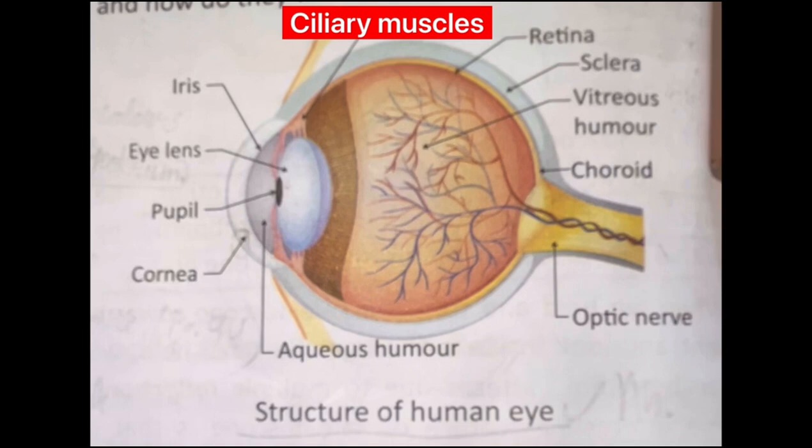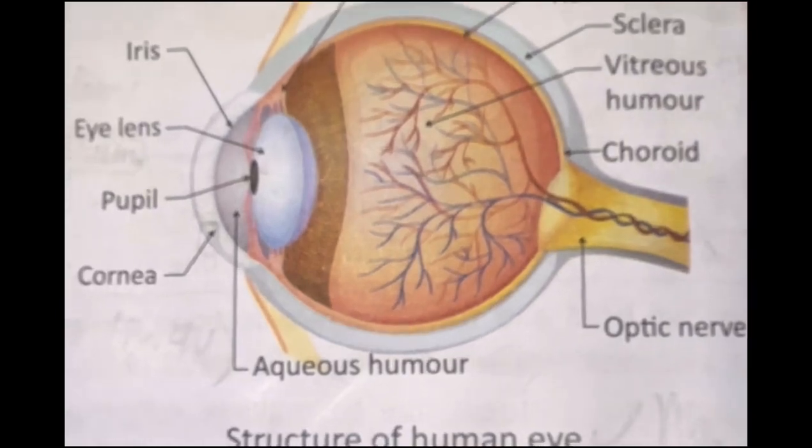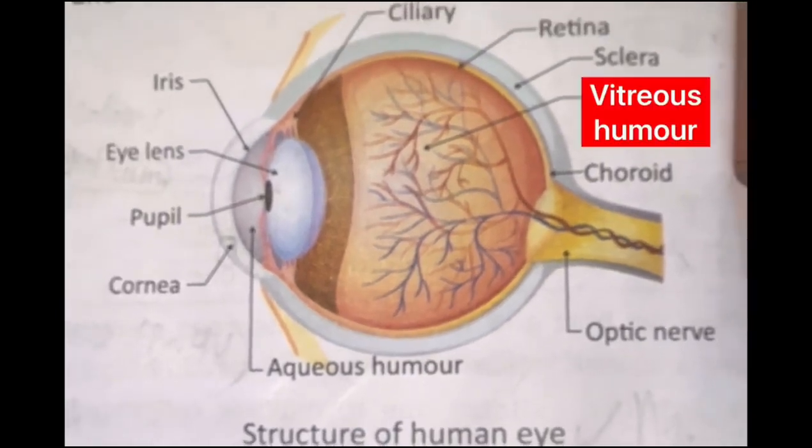When the ciliary muscles are tensed, stretched, the lens becomes thick and focal length is decreased. The ability of the eye to see the distant and nearby objects by changing the focal length of eye lens is called accommodation.